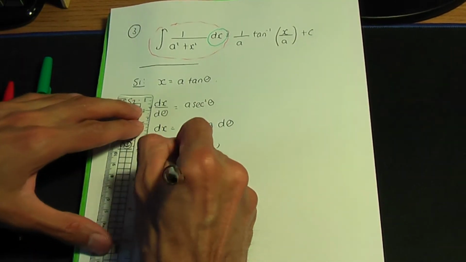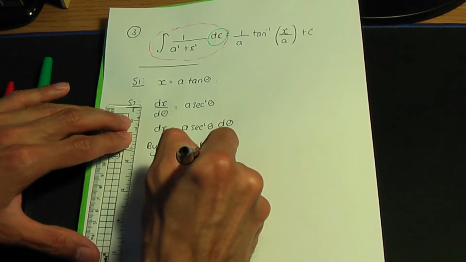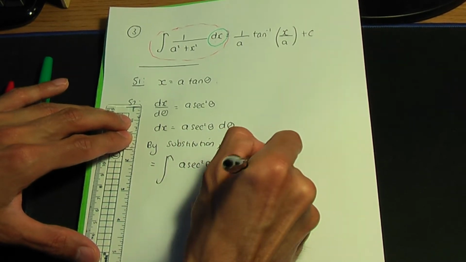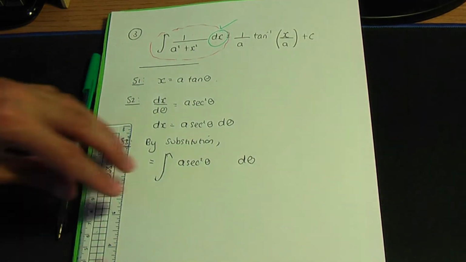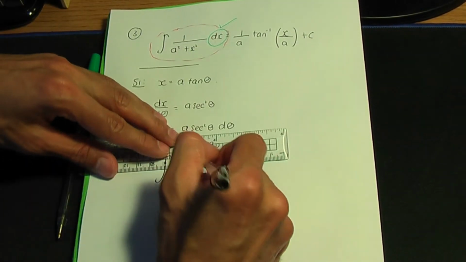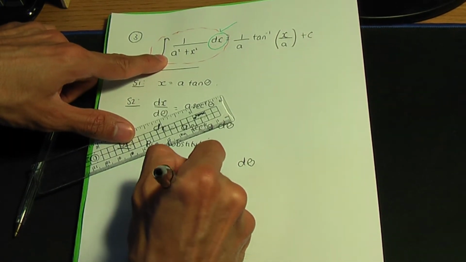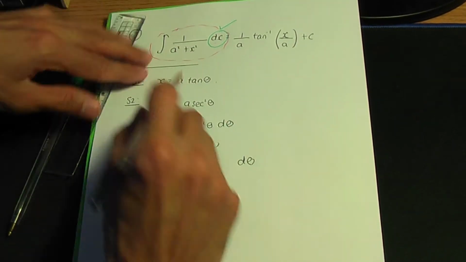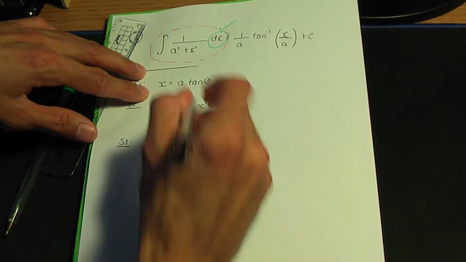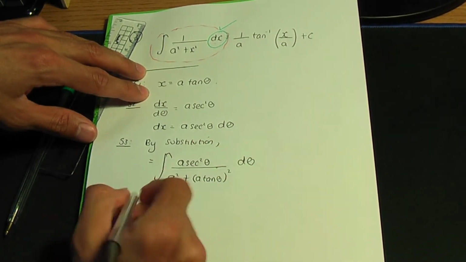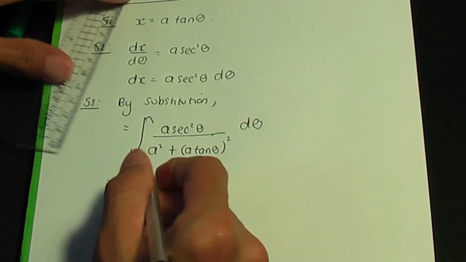So integration of dx, as we discussed, is a sec squared theta d theta. So dx has been replaced, so let's tick that. And we have divided by, and the remaining term in the denominator is a squared plus x, and x over here is a tan theta. So a tan theta, don't forget to square. Okay, so let's expand these brackets within the integral.